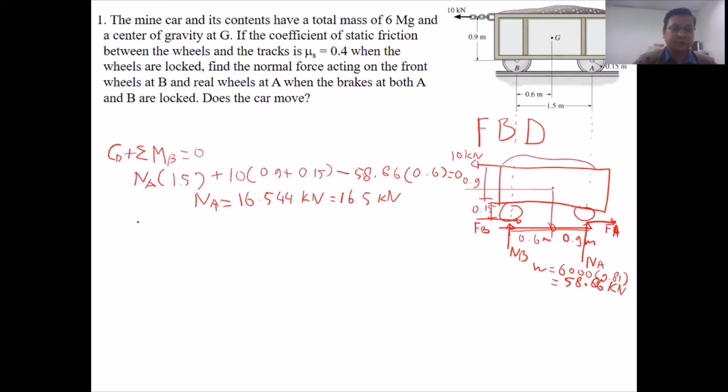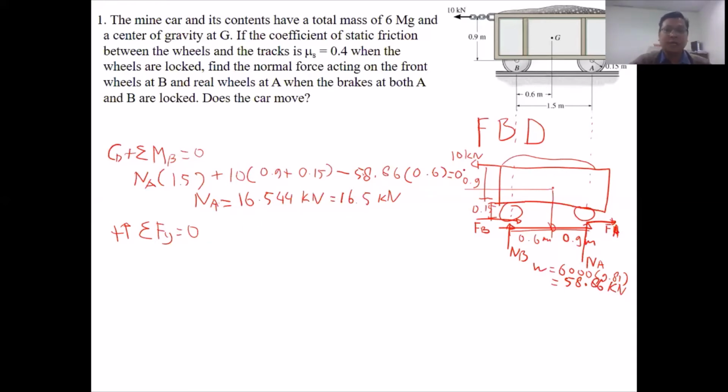We can solve by summing forces in the direction of y, sum of Fy equal to 0.